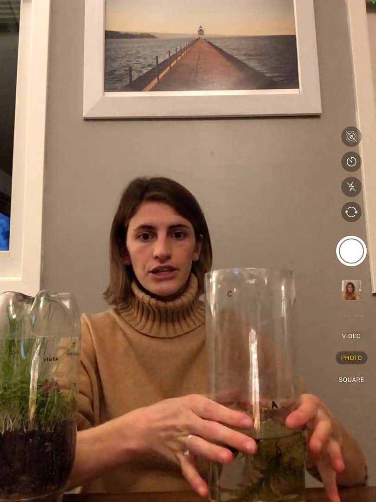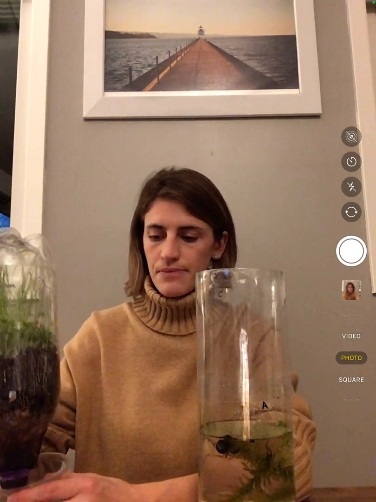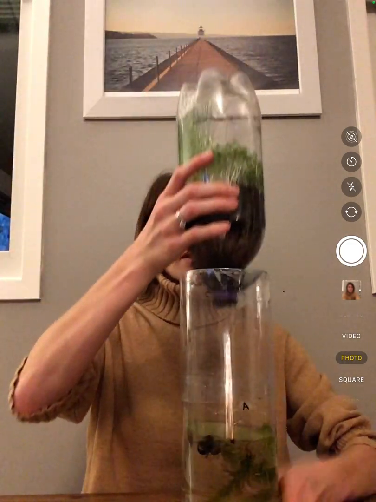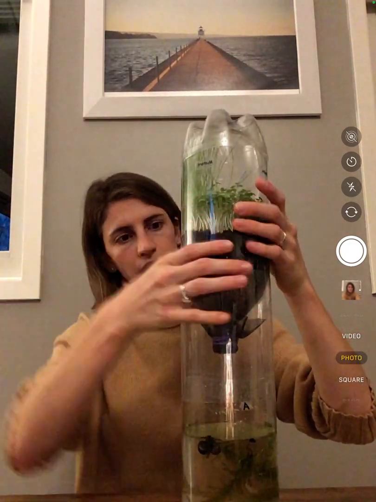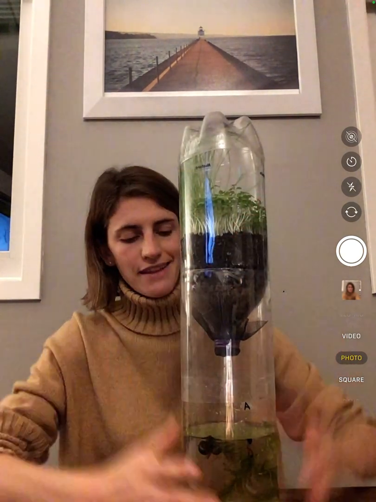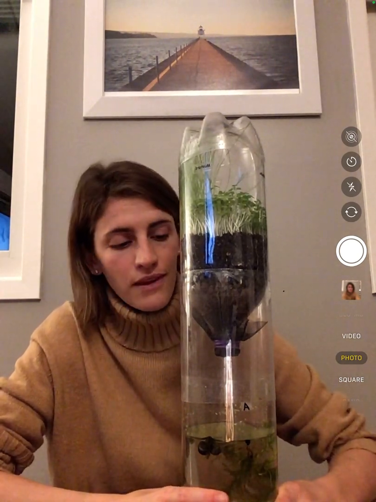I've already extended the cylinder here of the aquarium, and that gives me room to place the terrarium on top and close it off as we combine them. So I'm simply going to place this right in here. And as we put these two together, they become what we call an eco-column.